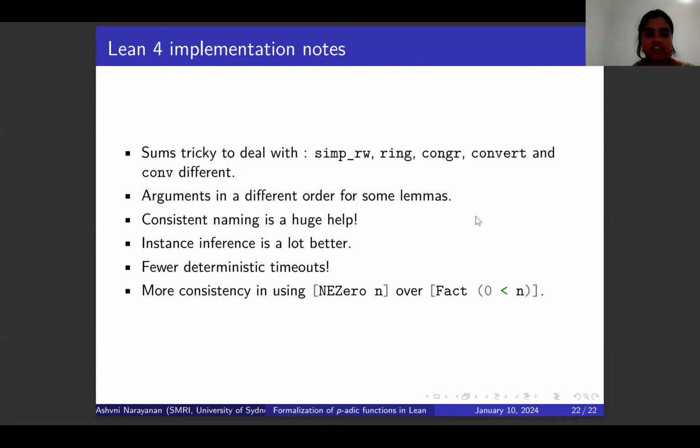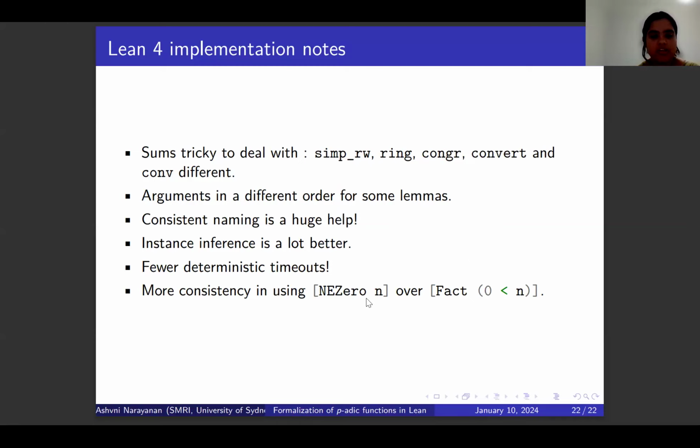And what I did find great was consistent naming and this use of not equal to 0 pretty consistently. Because then you don't need to keep shifting between n positive and n non-zero for any natural number n.